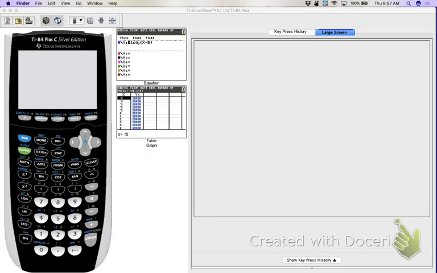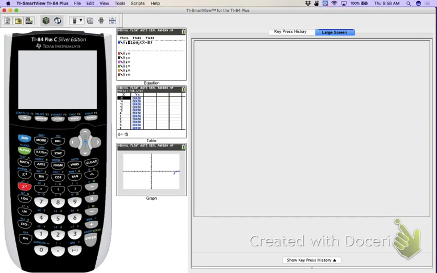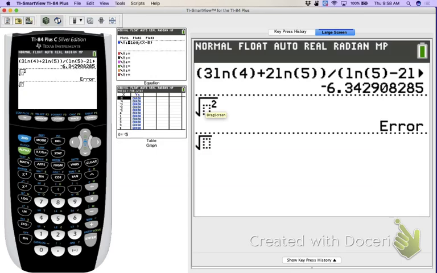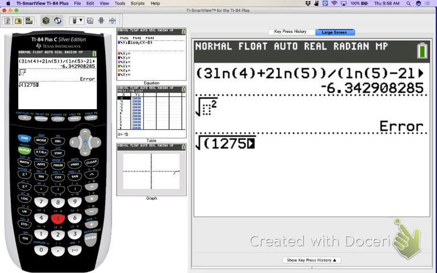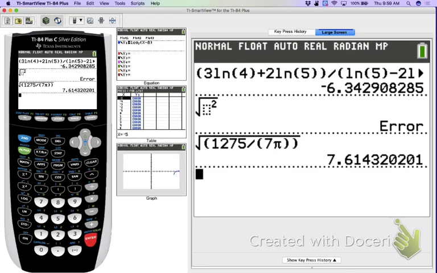So if I take the square root, whenever I take the 1275 and divide it by 7 pi, I get .614.